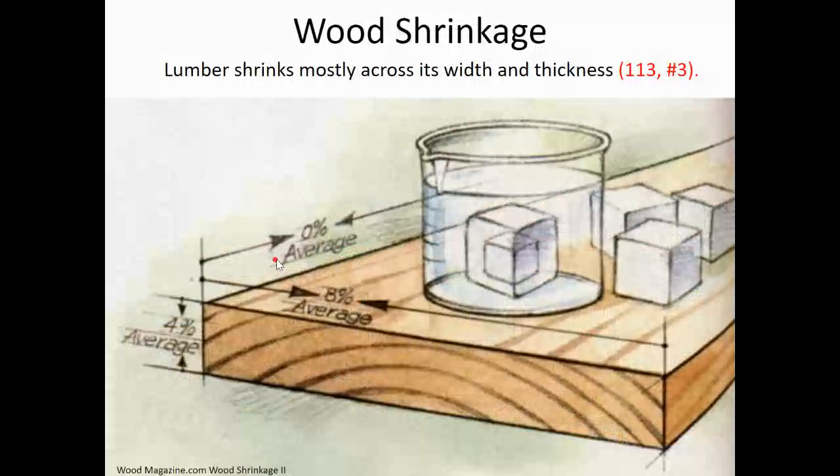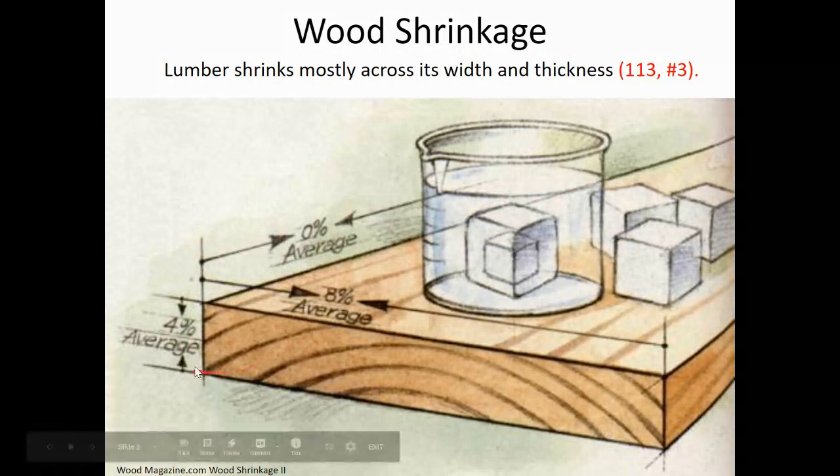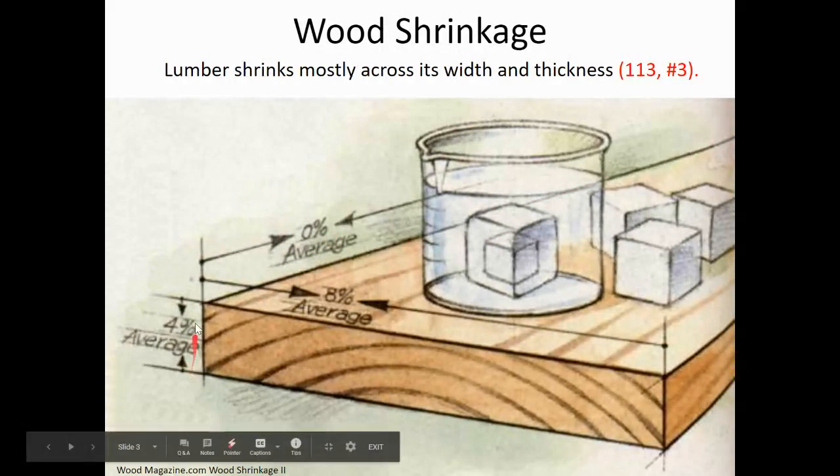We are talking about wood being such a great building product. Another disadvantage of wood is that it can shrink. This is a board or a piece of lumber. It does not shrink over its length. Okay, 0% shrinkage over its length. Its thickness and its width can shrink.